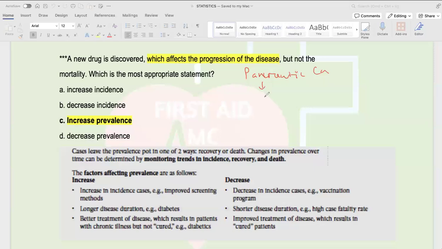A new drug, a cancer treatment has been discovered, where previously, within 1 year, patient would die. So high mortality rate. Right? Now with the new drug, patient is at least getting a 5-year survival.